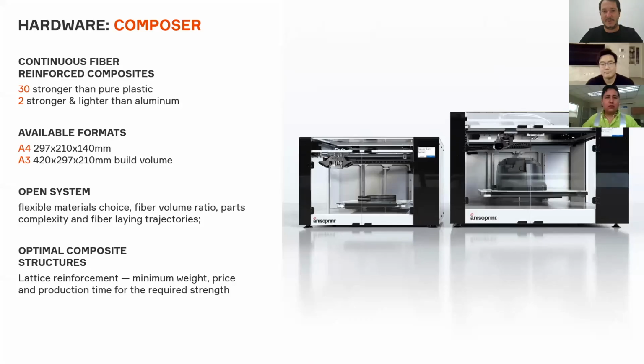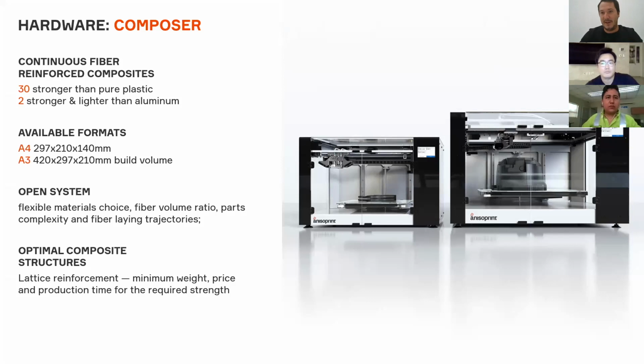First is, of course, the hardware, the 3D printers that we offer in this desktop format, the Composer 3D printers that we have in 2 available options. The Composer A4, a smaller machine with a build volume of 300 by 210 millimeter, and the Composer A3, which is twice the build area, the bigger machine.